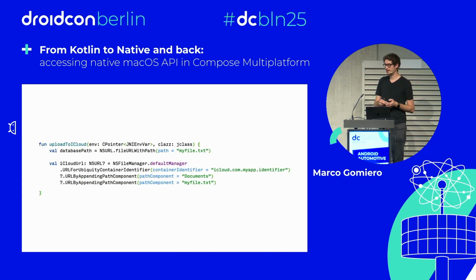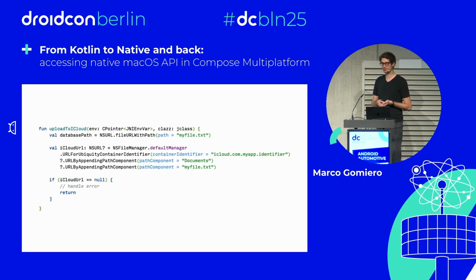And then you can just get the path of the documents and then the path of the file where you want to save it. And of course, we have to handle the error because this URL might be null in many different scenarios that I discovered afterwards, and that led to data inconsistency, but that's another story.